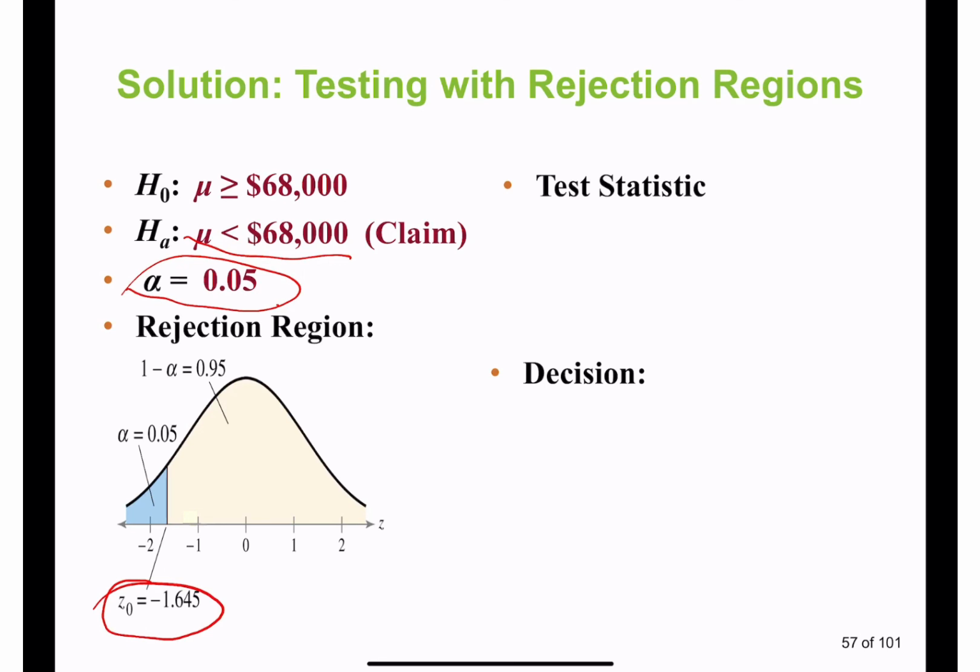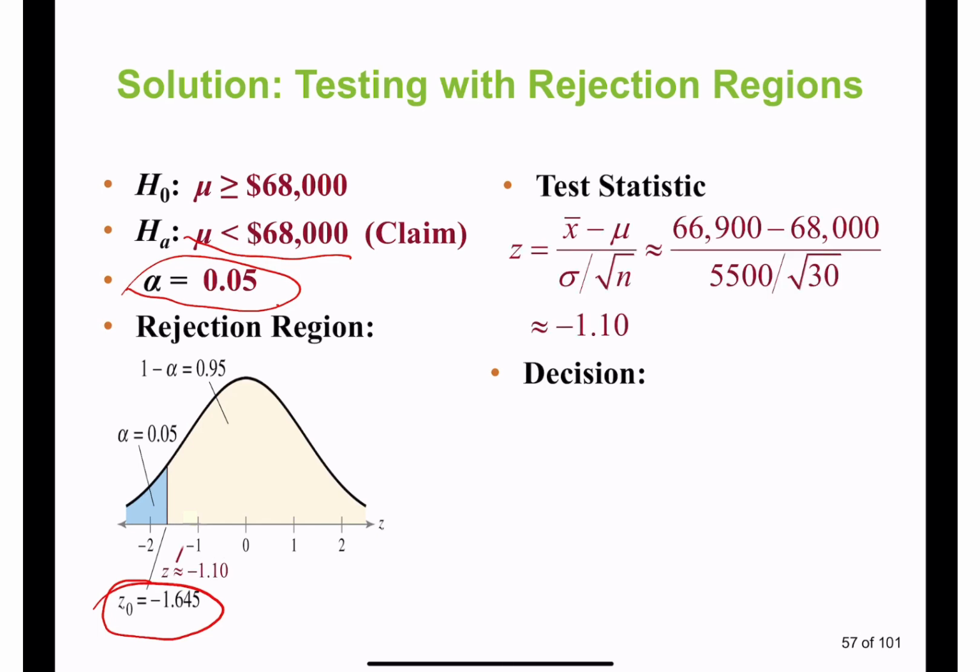Then we need to find our own z-score. Z-score is equal to x bar minus mu over sigma over square root of n. Since we already found our z-score, you don't need to go through the p-value. You take this z-score and compare it to this one, negative 1.645 and negative 1.1.